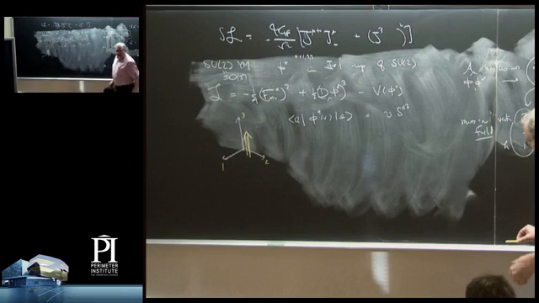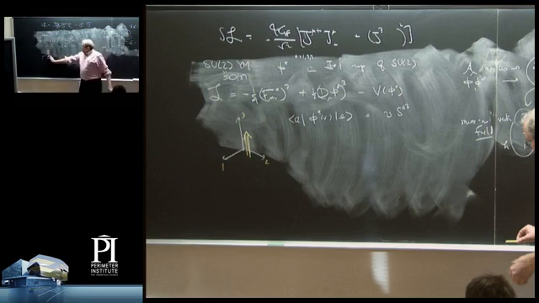And if it didn't line up that way, I could always choose the gauge in such a way that at every point in space, the orientation of phi is in the same direction. Okay, let's now plug this into here.